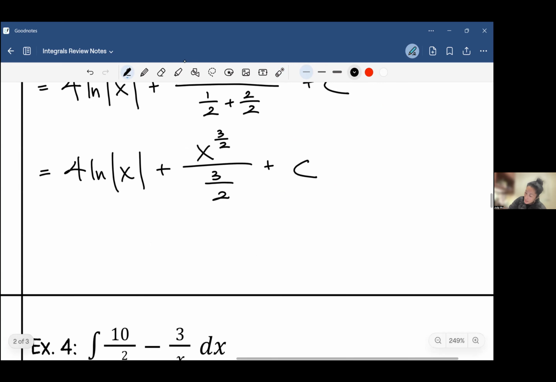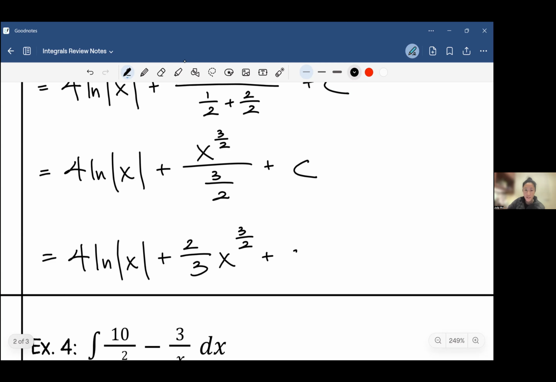And one last thing here, if we are dividing by a fraction, it is the same thing as multiplying by the reciprocal, which means we can write this as 4 natural log of the absolute value of x plus, the reciprocal of 3/2 is 2/3, x to the 3/2 plus c.